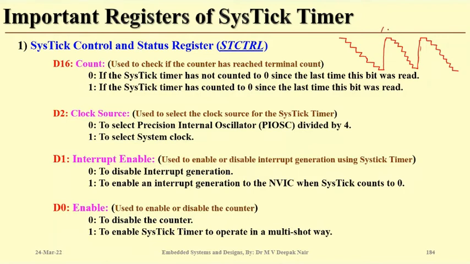So here we have 15999999. This is the value here and we will go up to 0. And after 0, again it will reload to the same number. So the system clock will take 1 second to count from 15999999 to 0.